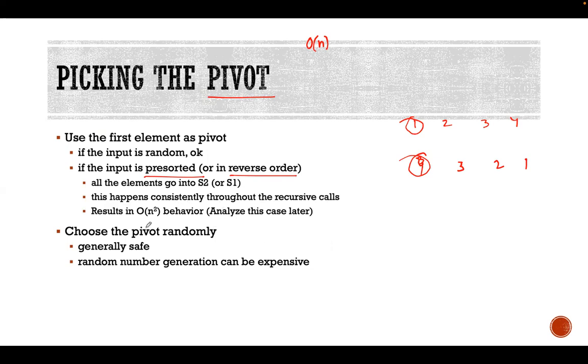The number of recursive calls is going to be the same as the length of n, the input size. So that's n, and the partition has runtime n, which will be the worst case order of n square behavior.